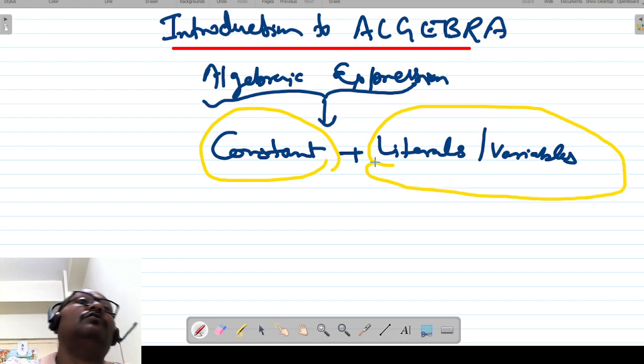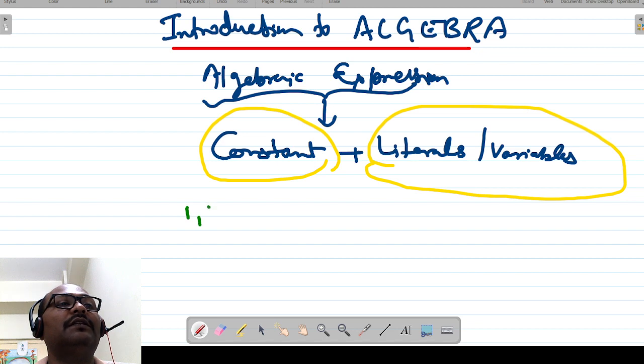So what are constants and what are variables? Let me show you the numbers which we have known from the very nursery classes: 1, 2, 3. All these are constants. And what are literals?